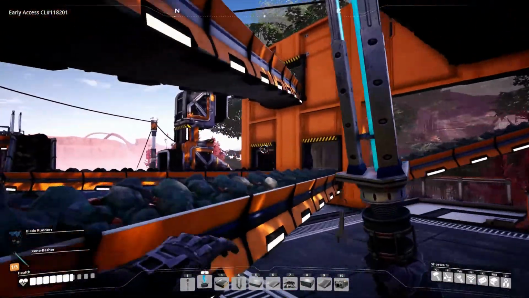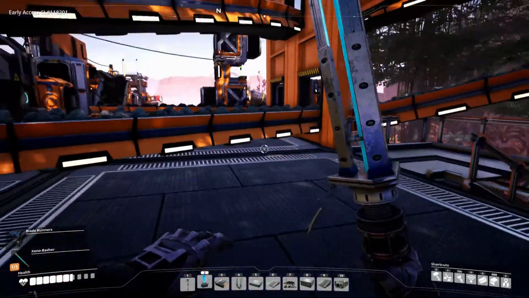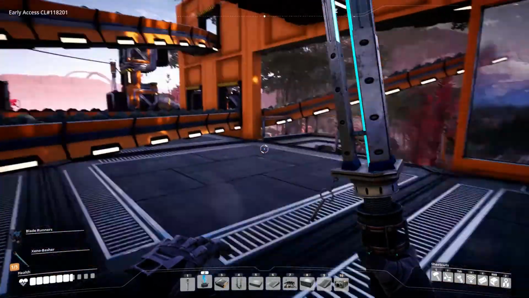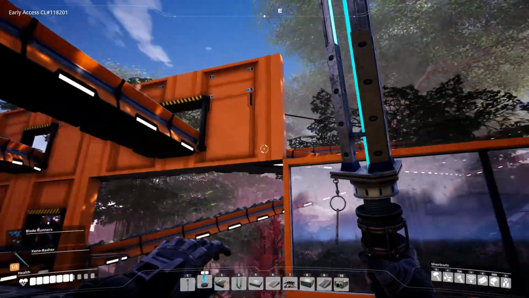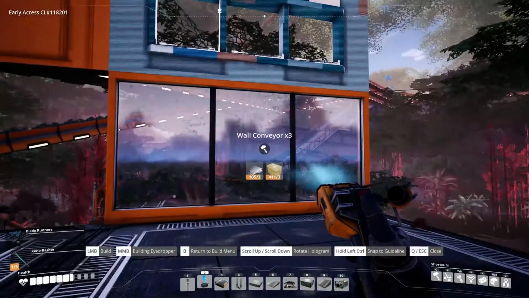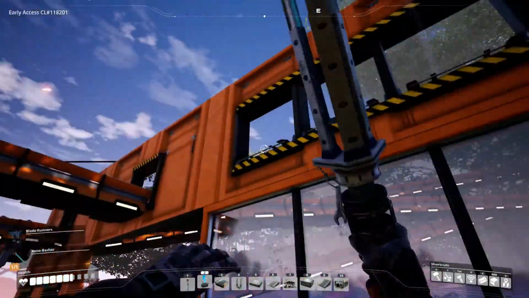Yeah, this input section is a mess because you can't walk through it. Ideally, I would have a wall and then 3 conveyor openings. Then I would have the same here, so I can walk under it.